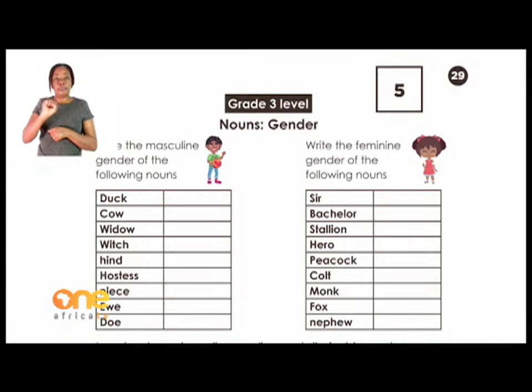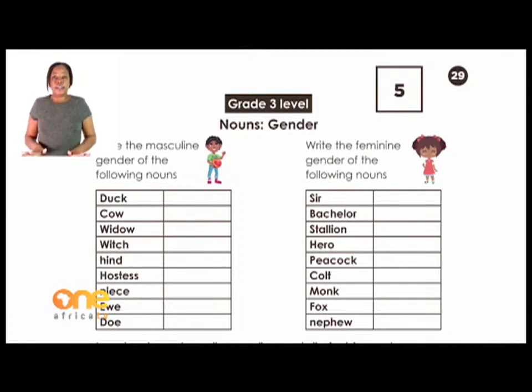Sometimes we don't want to use the word male or female, but there are some other special words that we can use for male and female. We refer to male, which are the man side, the boy side, as masculine. And we refer to the girl side, the women side, the female side, as feminine.